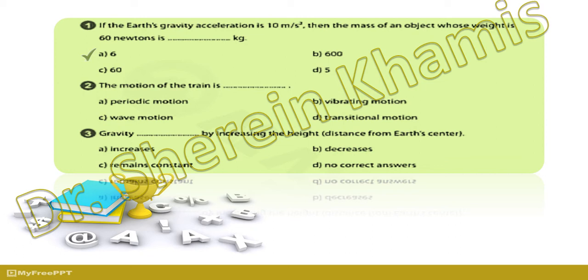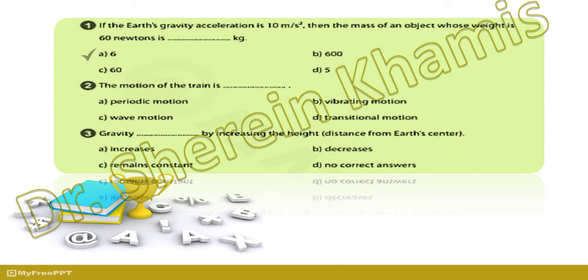Motion of a train, question 2. The motion of a train is: it stops and moves, stops and moves. All of these make movement from one place to another, so it is a transitional motion. We have periodic motion, a kind of motion that repeats regularly in equal periods of time. Vibrating motion makes a vibration around an origin point.